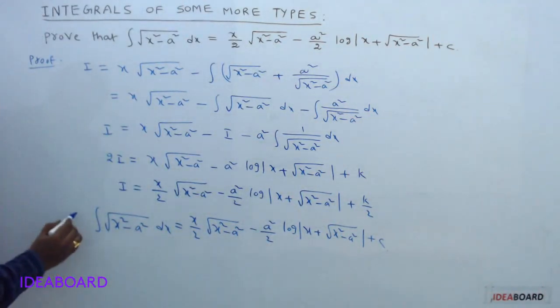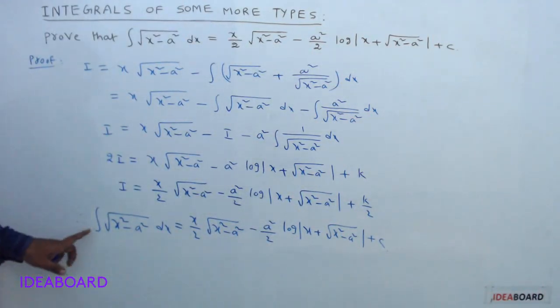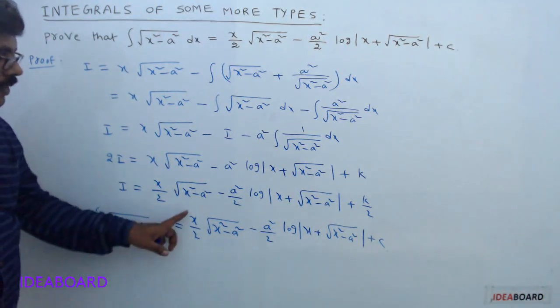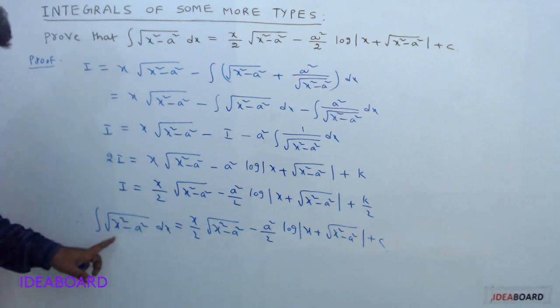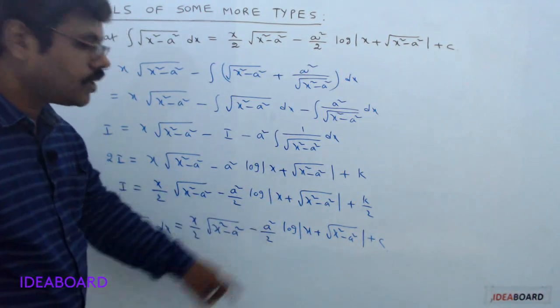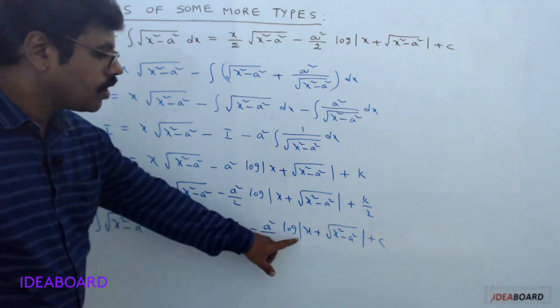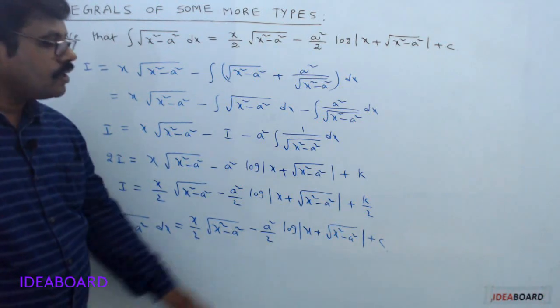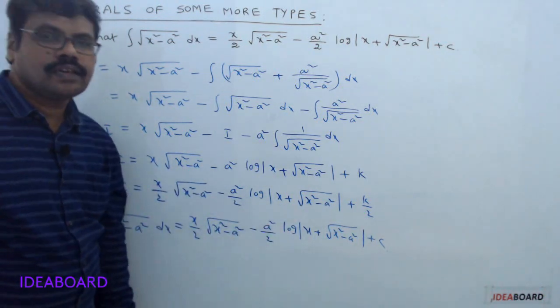So therefore integral square root of x square minus a square dx equals x by 2 into square root of x square minus a square minus a square divided by 2 into log mod of x plus square root of x square minus a square plus a constant c.